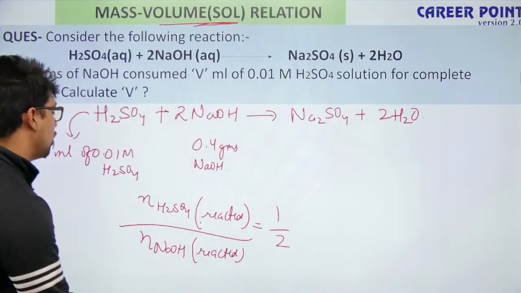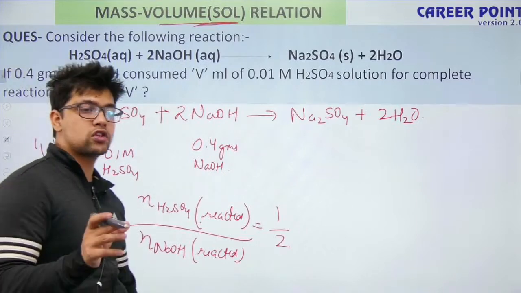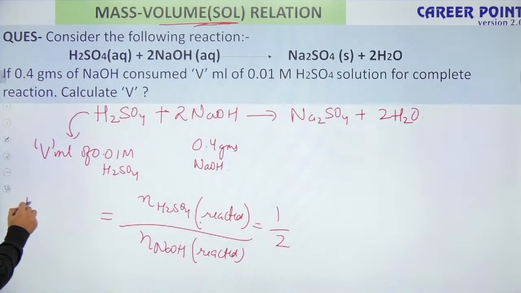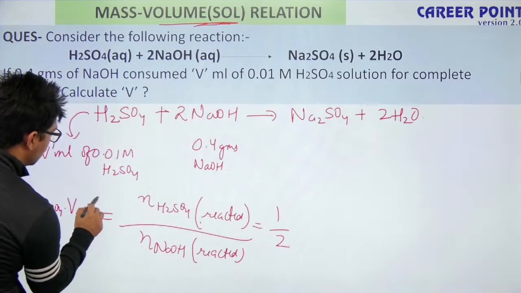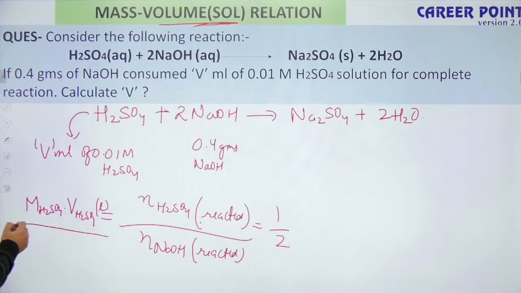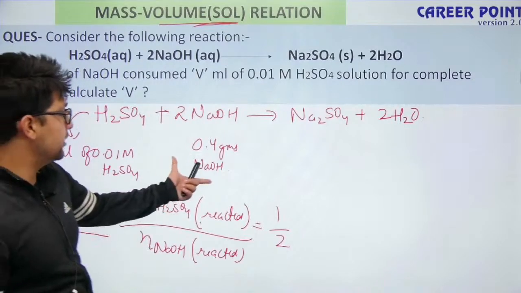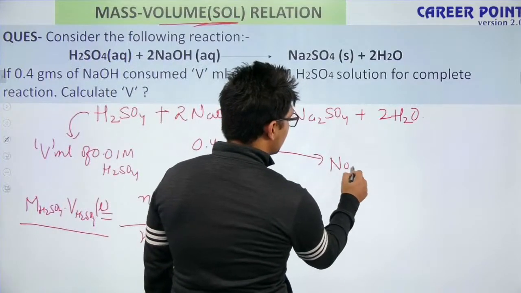Now how to calculate the number of moles of H2SO4? The number of moles of H2SO4 is molarity times volume. So this is the molarity of H2SO4 times the volume of H2SO4, but this volume would be in liters, divided by the number of moles of sodium hydroxide. Here the mass is given, so from mass I can find the number of moles.